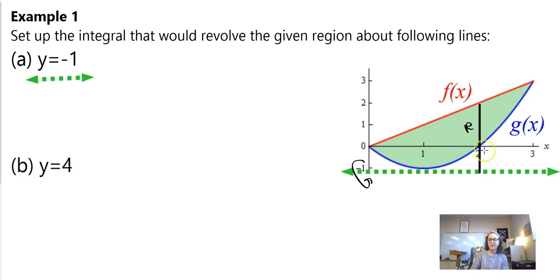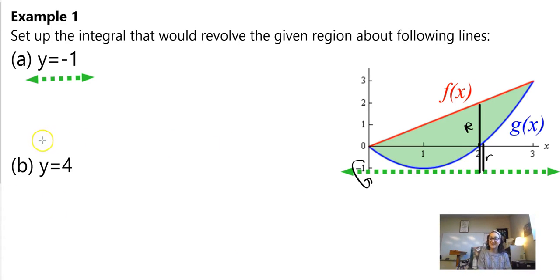But notice I grabbed a little bit too much. I have all this empty space. So come back to your axis of revolution, put your pencil there for me. And this time, go perpendicular to your closer function, this time g of x, and that is going to be little r. Notice that little r grabs all that empty space, so that's why I'm going to subtract out that entire area.